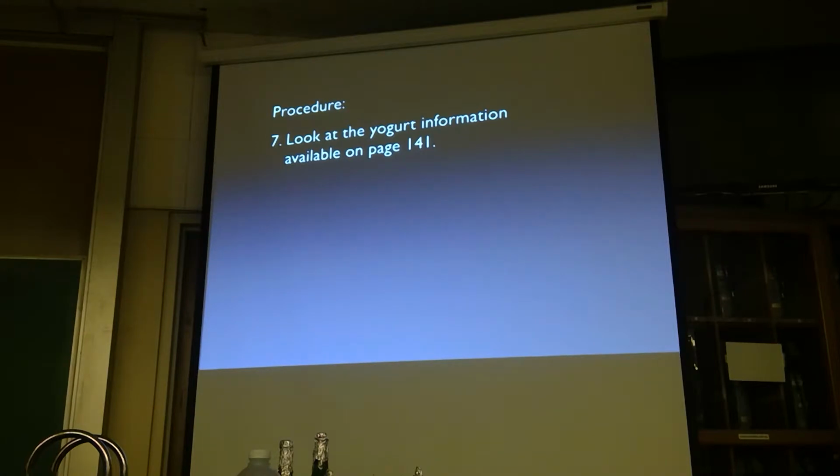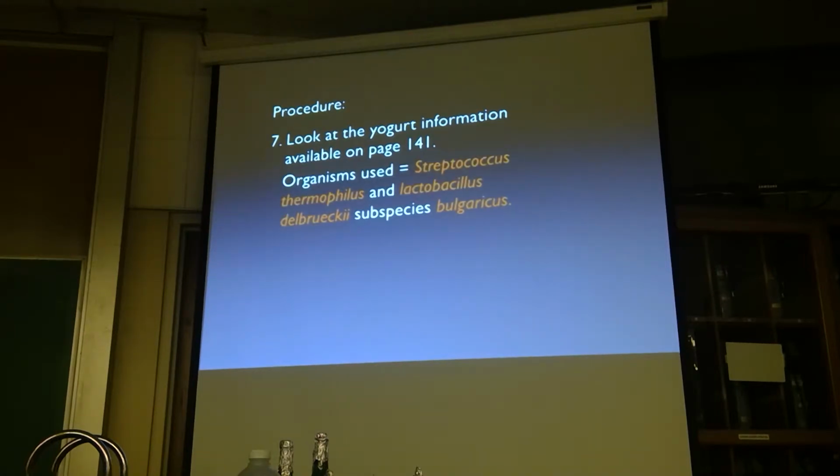There's some information about yogurt. Typically, the organisms associated with yogurt production are Streptococcus thermophilus and, in microbiology books, they call it Lactobacillus bulgaricus, but there's been a change in the classification, so now it's Lactobacillus delbrueckii bulgaricus. So bulgaricus is a subspecies.